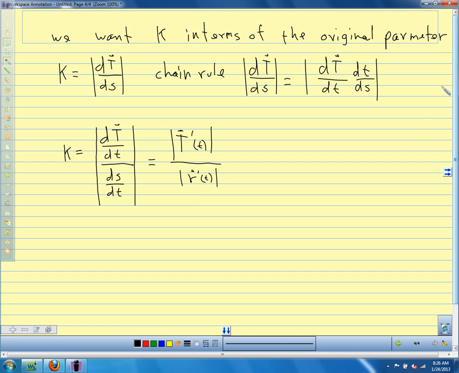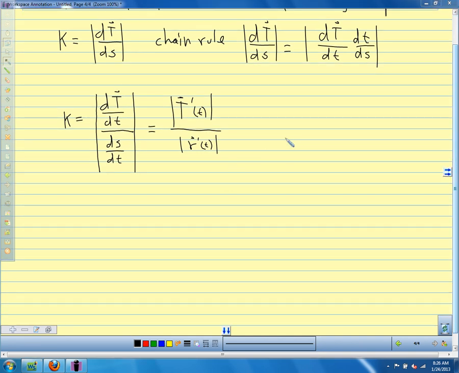We said previously that a sub N, our normal component of acceleration, which we talked about earlier, that we thought the curvature should have something to do with it. A sub N is the magnitude of v times the magnitude of T prime. We said that was equal to the magnitude of v cross a over the length of v.